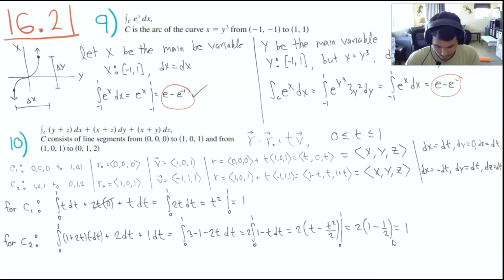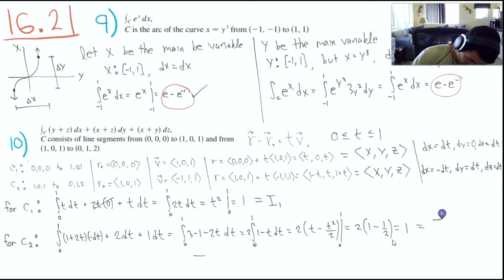Oh, look at that. Our final answer is, let me make this, this is equal to I1, this is equal to I2. So our final answer is the sum of I, which is 1 plus 1, which is equal to 2.